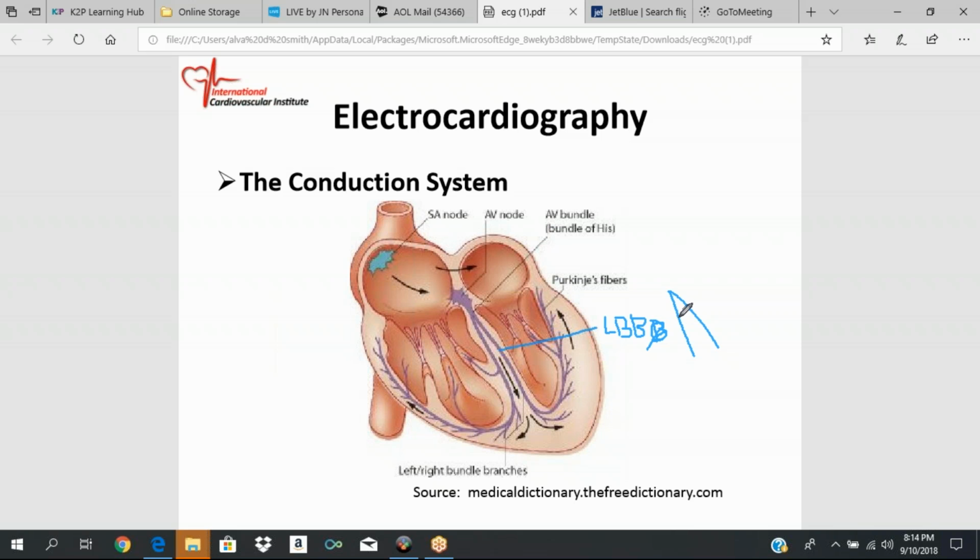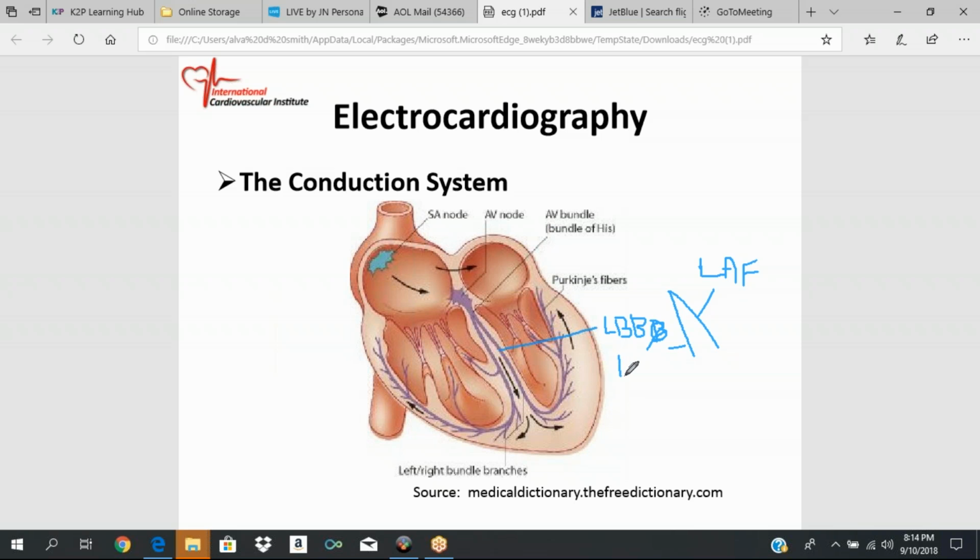This left bundle branch divides into a left anterior fascicle, so it gives us a left anterior fascicle and also a left posterior fascicle.